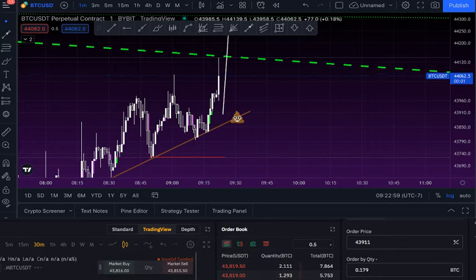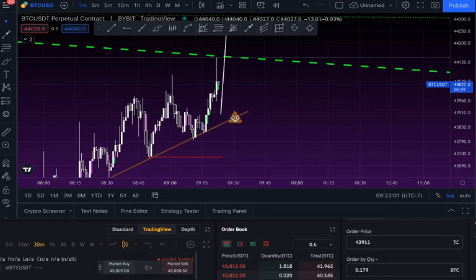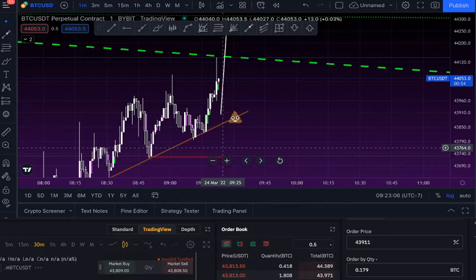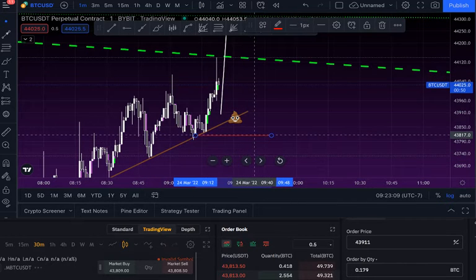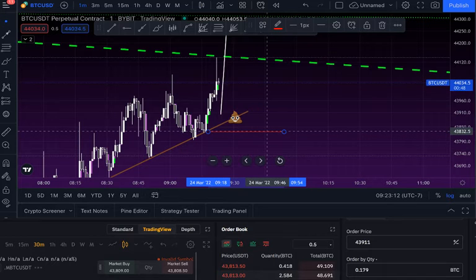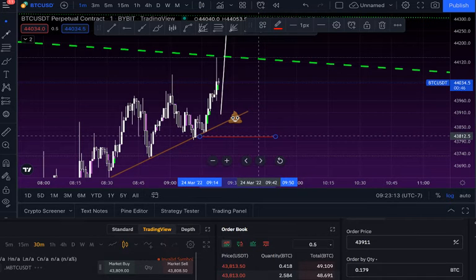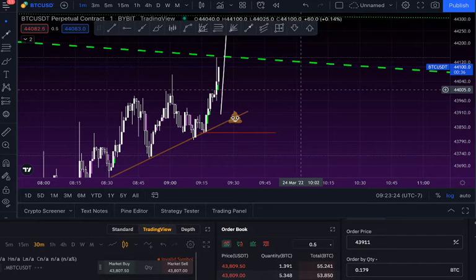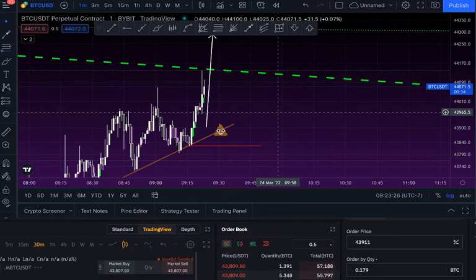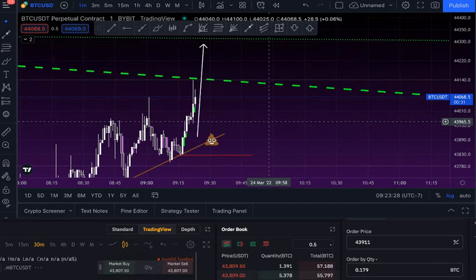Okay, so we ran the high, and now we're probably going to call this swing low that led to that move of a new high. Remember, this green line is meaningless.